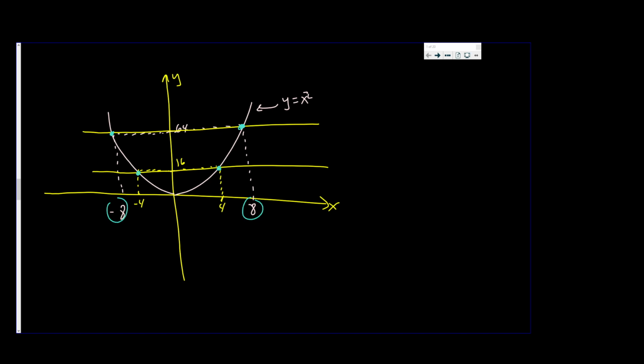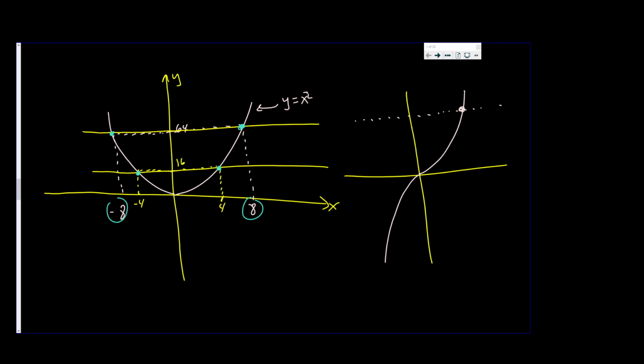But if we had x cubed, that's a whole other story. X cubed goes this way, and it never fails the horizontal line test. No matter which horizontal line I draw, it only crosses the graph in one place.